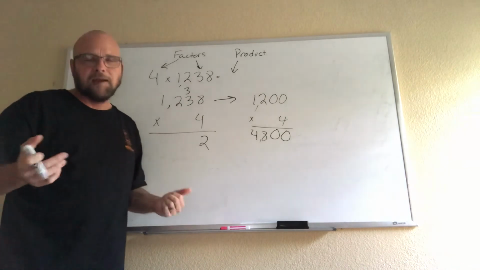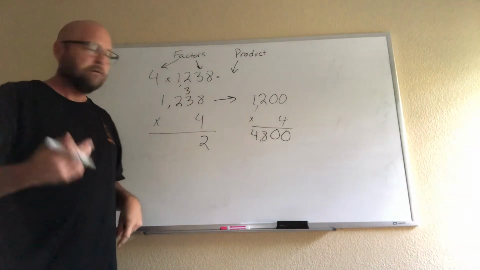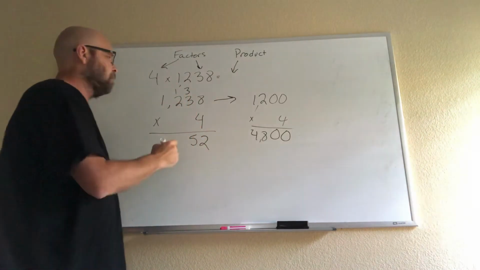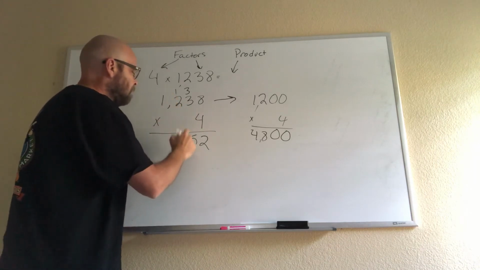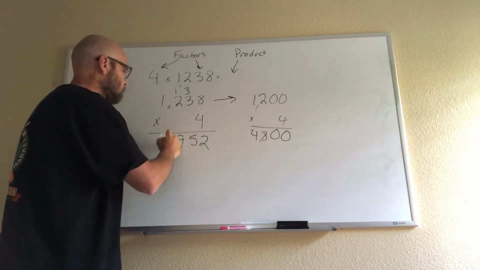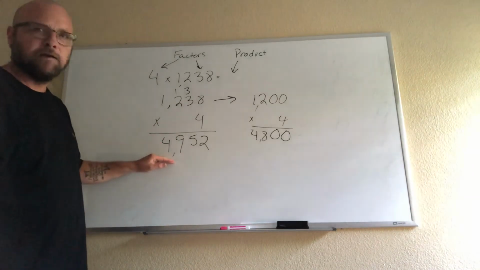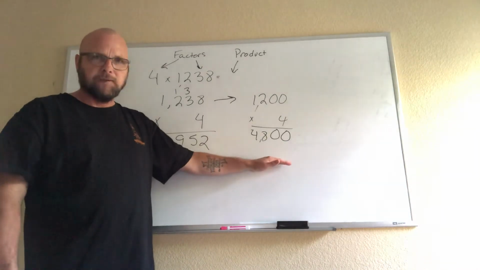Well, now I have to count, or I have to add. 12 plus 3 is 15. 4 times 2 is 8, plus 1 is 9. And 4 times 1 is 4. So the actual product is 4,952, which is near my estimate.